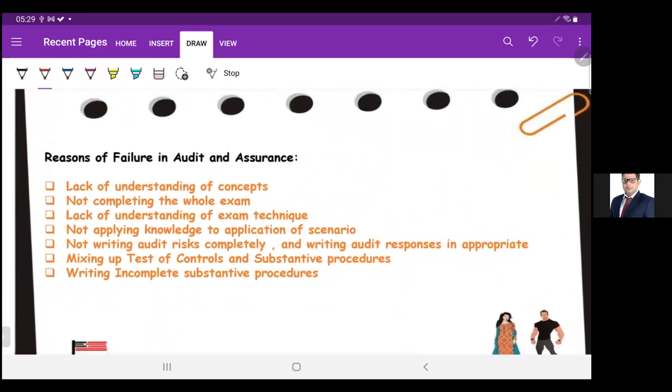Number one, lack of understanding of concepts. Many students rote learn the textbook and do not understand the concepts.